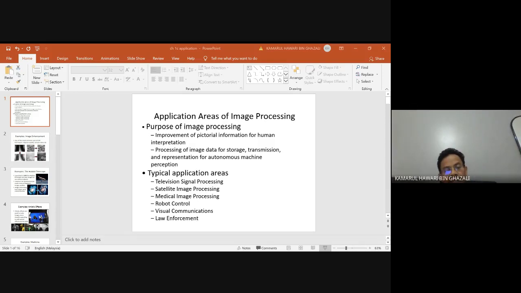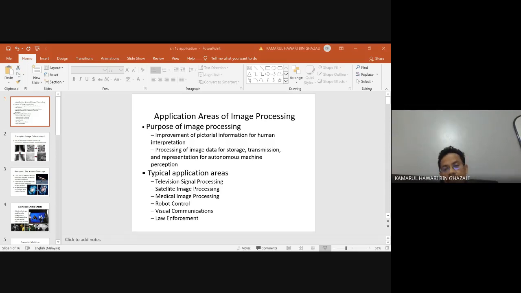This is an example for medical application. The X-ray image sometimes is difficult to look at, to tell what the object in it is. So we can perform image enhancement to make the image clearer, so it is easier for a doctor to interpret any findings in the images.